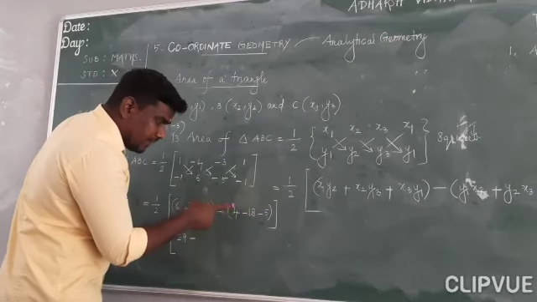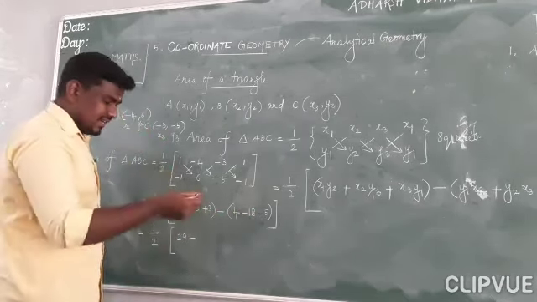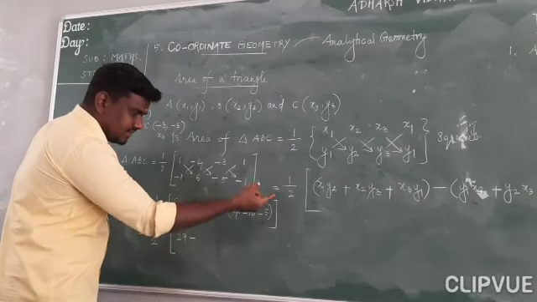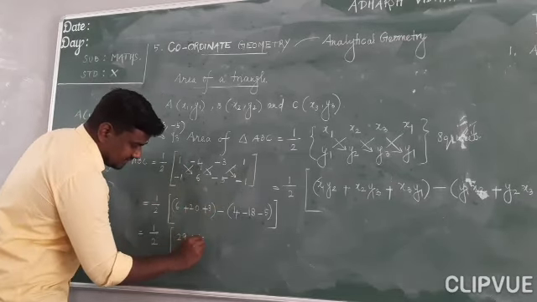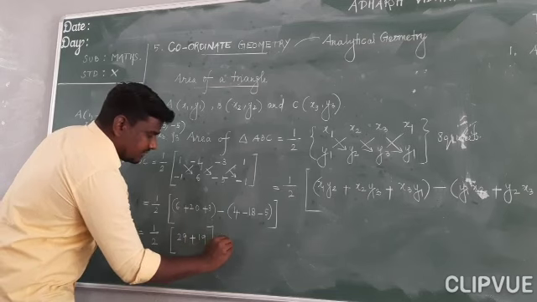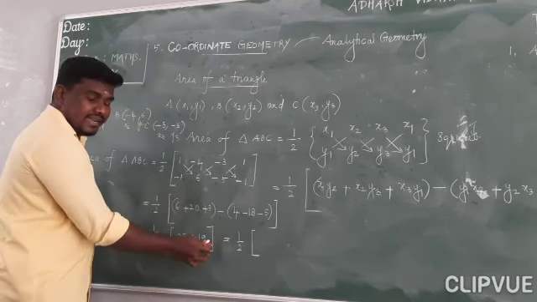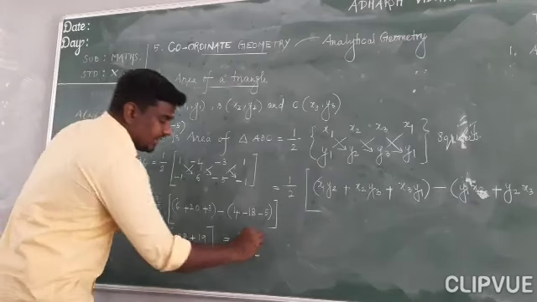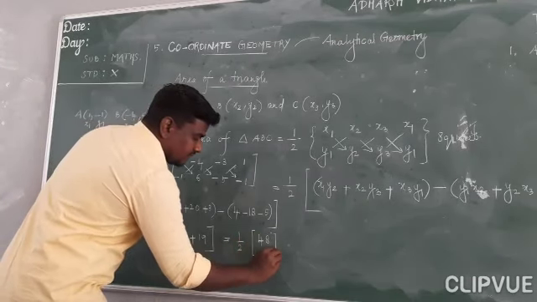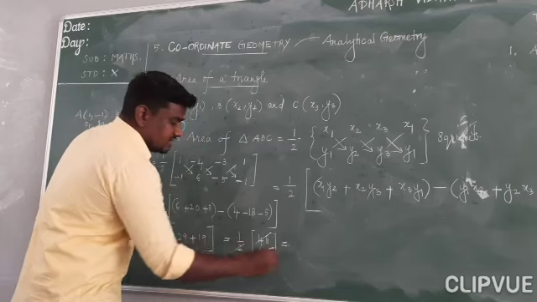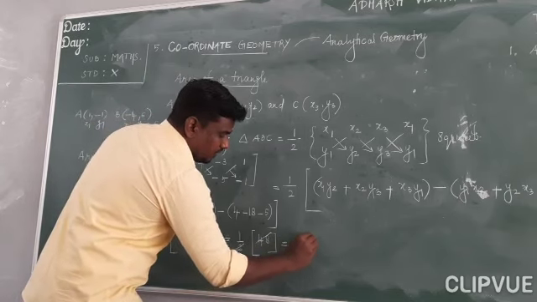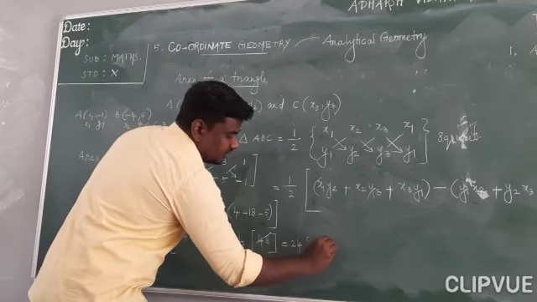Minus 23 plus 4 gives minus 19. So this minus into minus becomes plus. So half into 29 plus 19, which is equal to 48. If you cancel it, you get 24 square units.